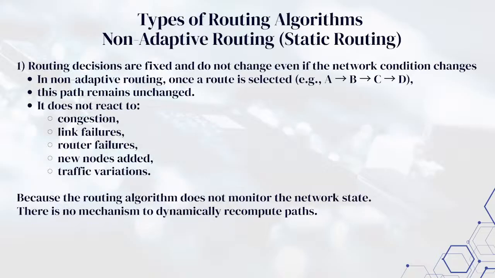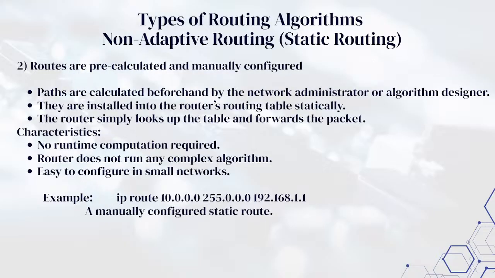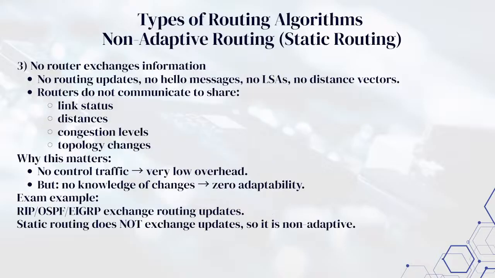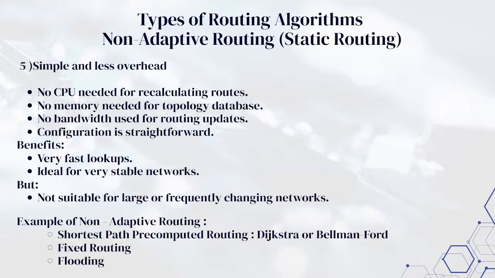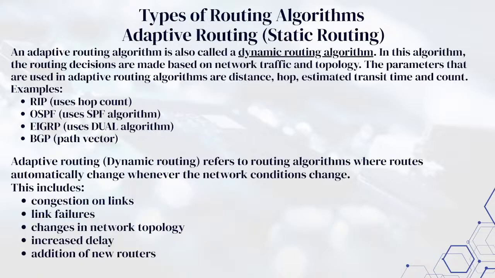The features of non-adaptive routing: the first is that routing decisions are fixed and do not change even if network conditions change. Second, routes are pre-calculated and manually configured. Third, routers do not exchange information. Fourth, it does not adapt to failure, congestion or topology change. Fifth is simple and less overhead.